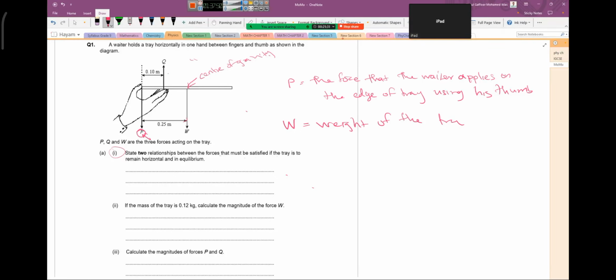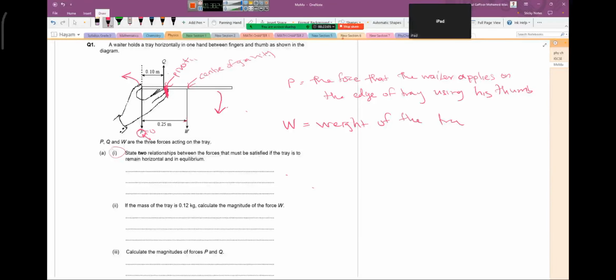So this is the pivot. If he releases the thumb, it will fall like this, because P has become 0. When he releases his thumb, P becomes 0, so there will be a clockwise moment about this point. This is the pivot.